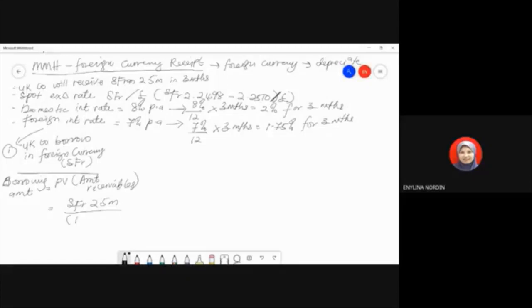This is actually a discounted cash flow model, if you notice. Since this is in franc amount, the interest rate relevant to this is definitely 1.75%. So you take 1 plus 1.75%, that is 1.0175. Therefore, the borrowing amount equals Swiss franc how much?